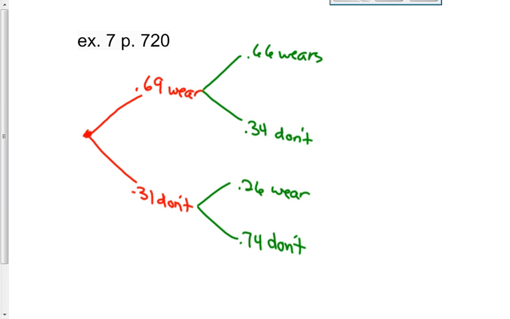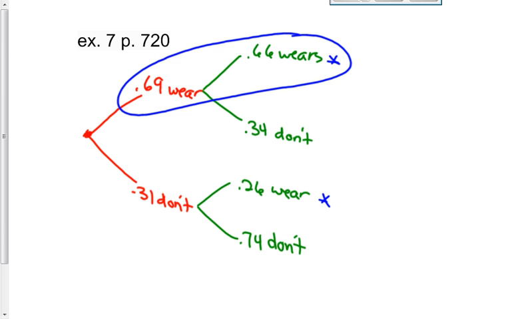What is the probability that a high school student in the study wears a seatbelt? So I'm going to look at this very last column on the right, and I'm going to look for any place where I have the words that say the student wears the seatbelt. Wears the seatbelt here and wears the seatbelt here. But remember, this was a dependent event. They wear the seatbelt when the parent wears the seatbelt.